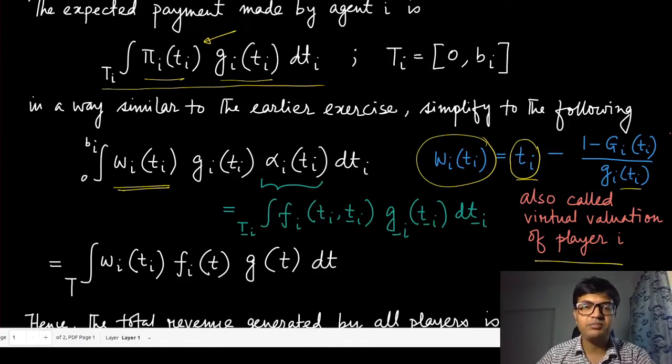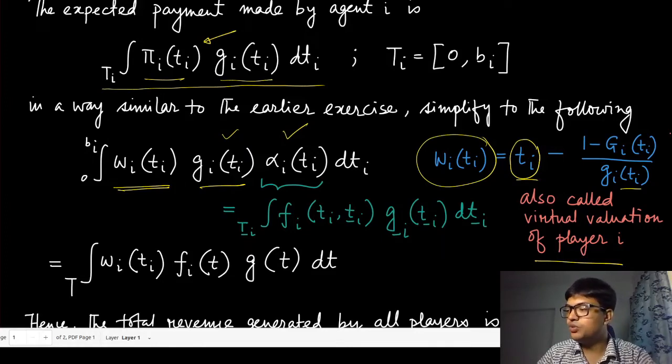So some different sort of valuation, and we are trying to maximize that with respect to these two terms, where we are taking the product and integrating over it. The first term is the probability, so its own prior over this ti, and the second term is the expected allocation of this agent.